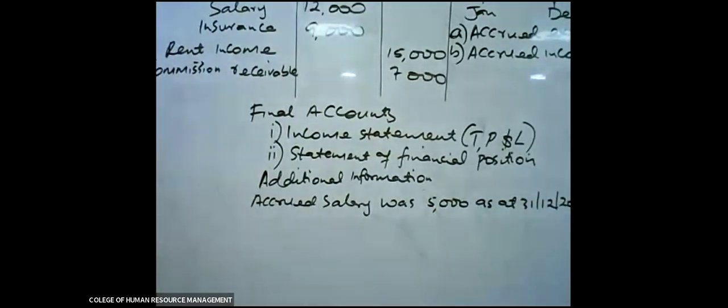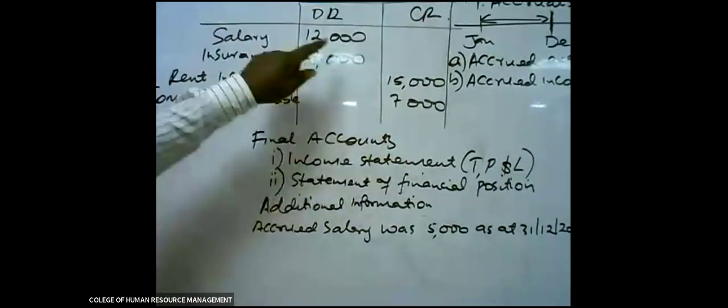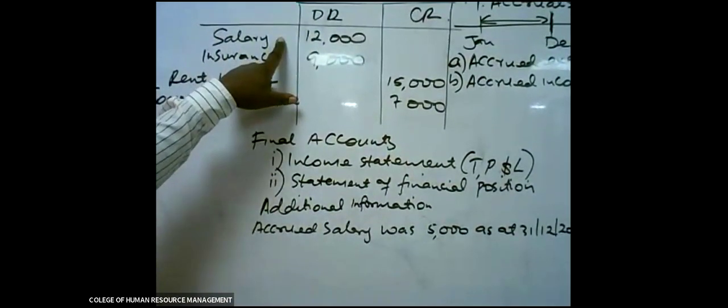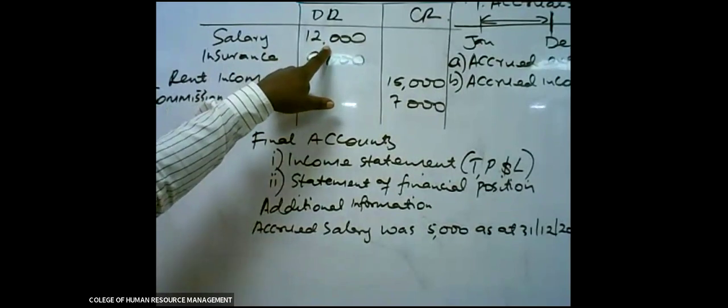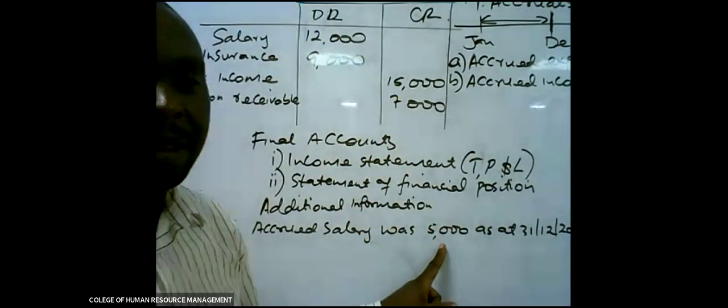The accrued salary was 5,000. So what you do, you treat that amount as follows. Remember, in the trial balance, you have a salary of 12,000. This is what was paid. Yeah? And then 5,000, if it is accrued, it has not been paid.